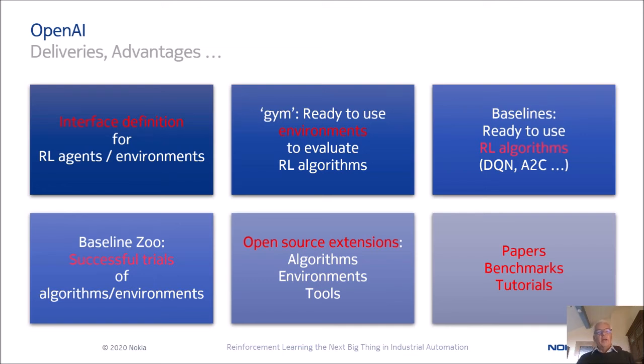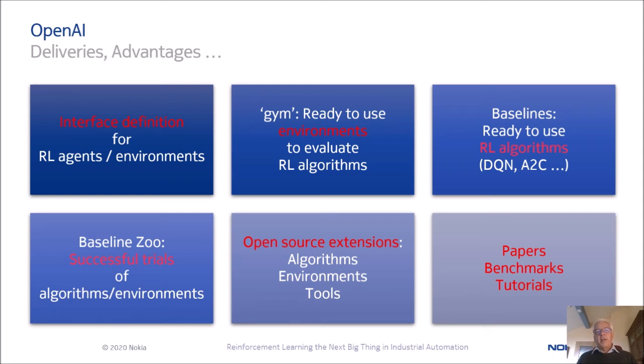First of all, it's an interface definition, and this is an important part because you have two systems that interact. You have an agent with an optimizing algorithm, and you have an environment which should behave in some way. OpenAI defines an interface for how an RL agent and an environment should interact: how observations should be exchanged, and how you trigger an action, and things like this.